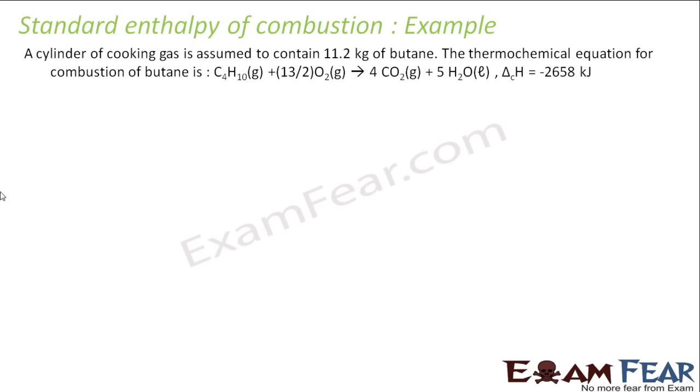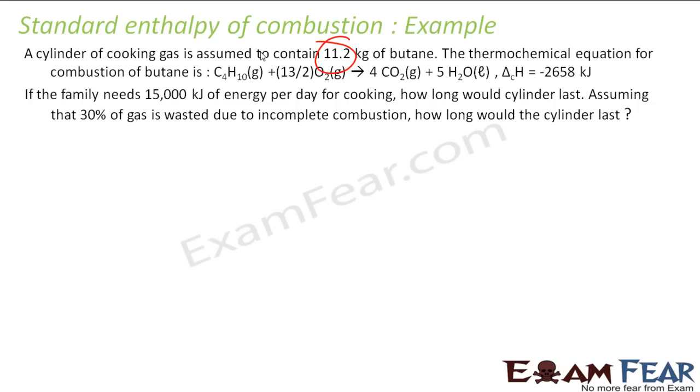We'll take one example for the standard enthalpy of combustion. A cylinder of cooking gas, which we use in homes, is assumed to contain 11.2 kg of butane. The thermochemical reaction for butane is this. What we have to do is find how long a cylinder lasts, given that the family needs this much kilojoule of energy per day, and assuming 30% of the gas is wasted.